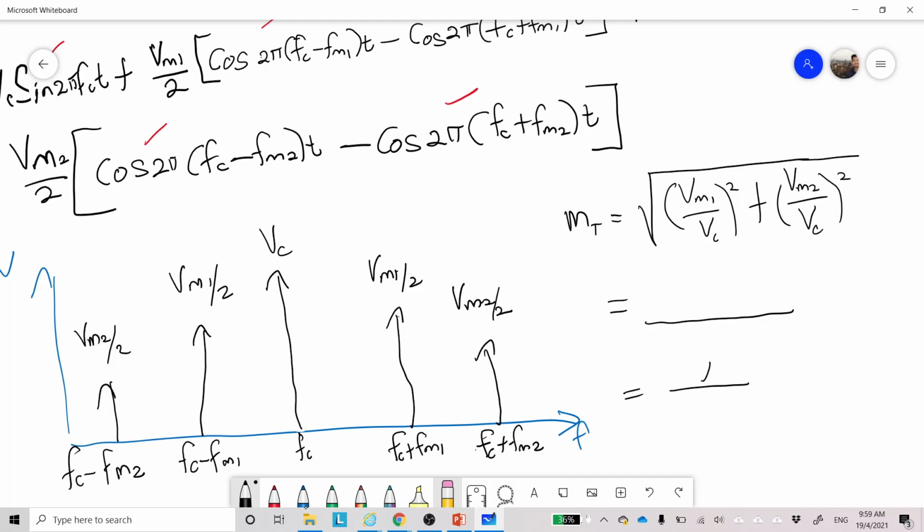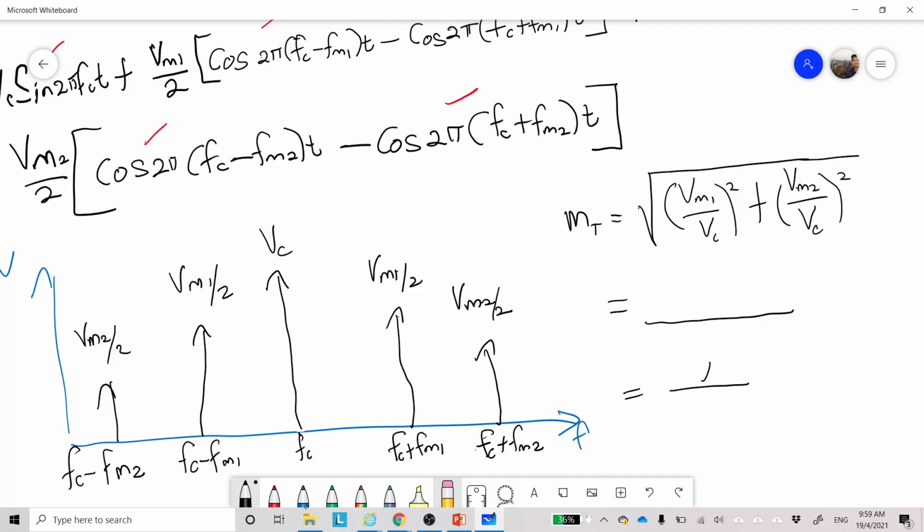So this one is VC square over 2R using the peak amplitude. Plus this one, you see that this is Vm1 over 2, so this is Vm1 over 2 square divided by 2R. That means you get Vm1 square over 8R.